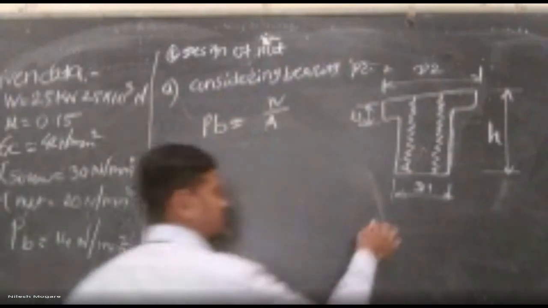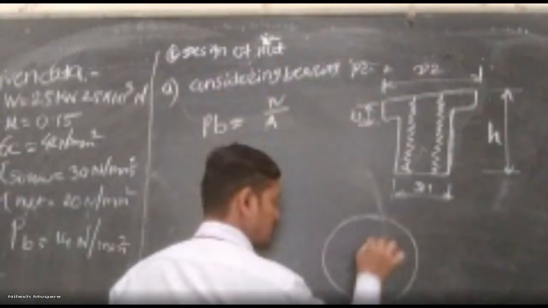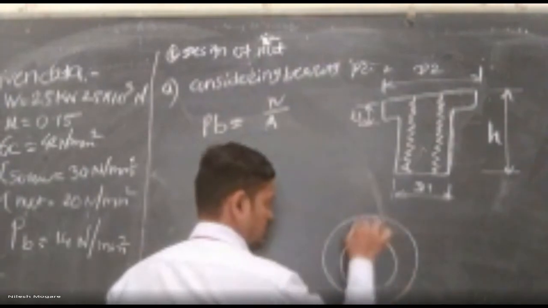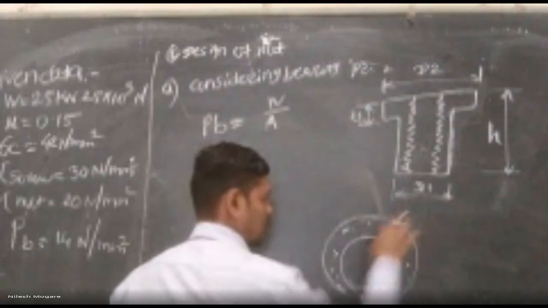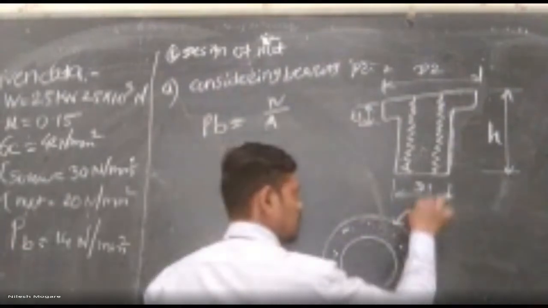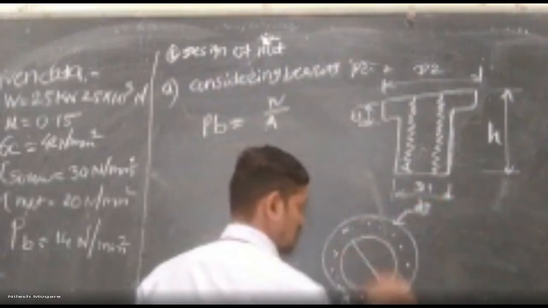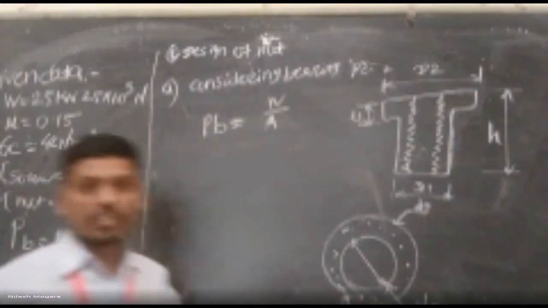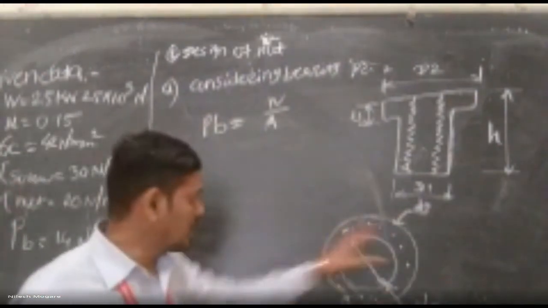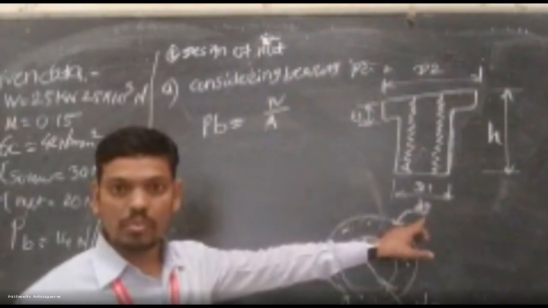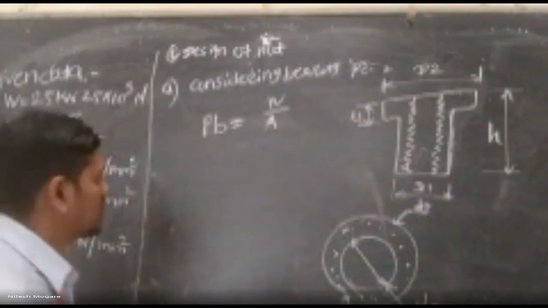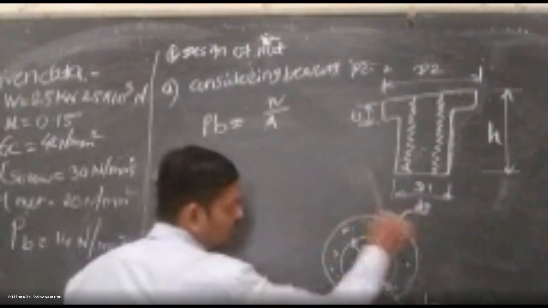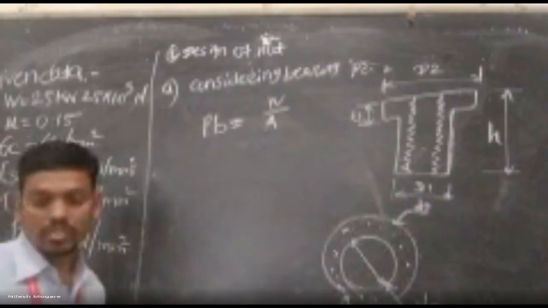So let's see. This one's outer area is nothing but DO, that is the outer diameter of screw spindle, and DC is nothing but the core diameter of screw spindle. So area will be pi by 4 (DO square minus DC square).